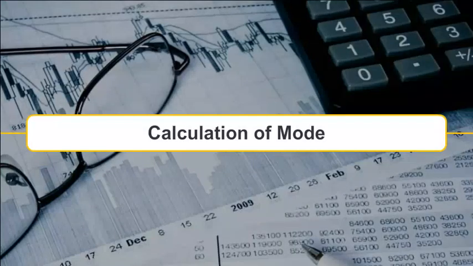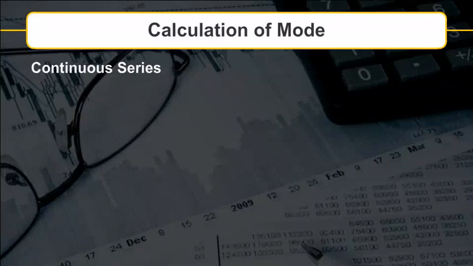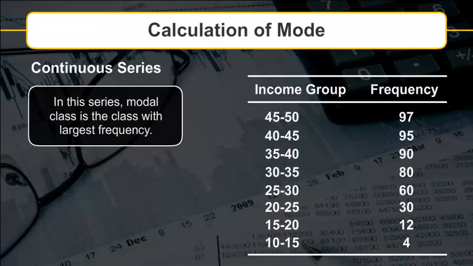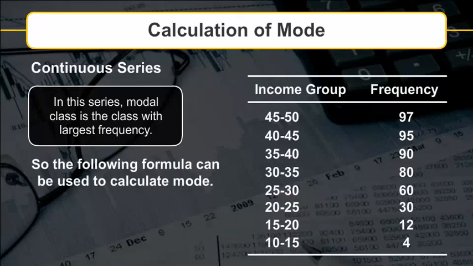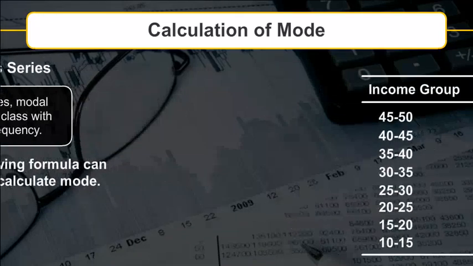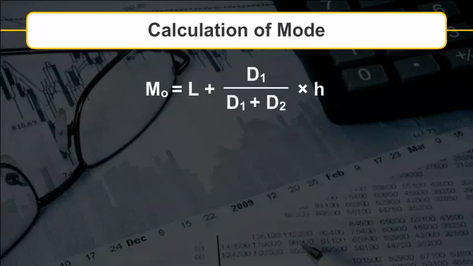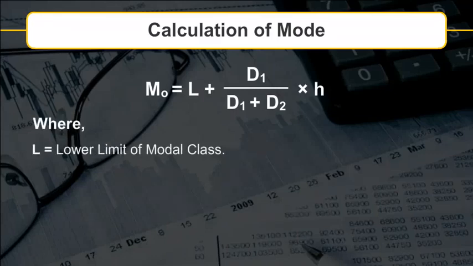Calculation of mode. Continuous series. In this series, modal class is the class with largest frequency. So the following formula can be used to calculate mode. MO is equal to L plus (D1 upon (D1 plus D2)) into H, where L is equal to lower limit of modal class.